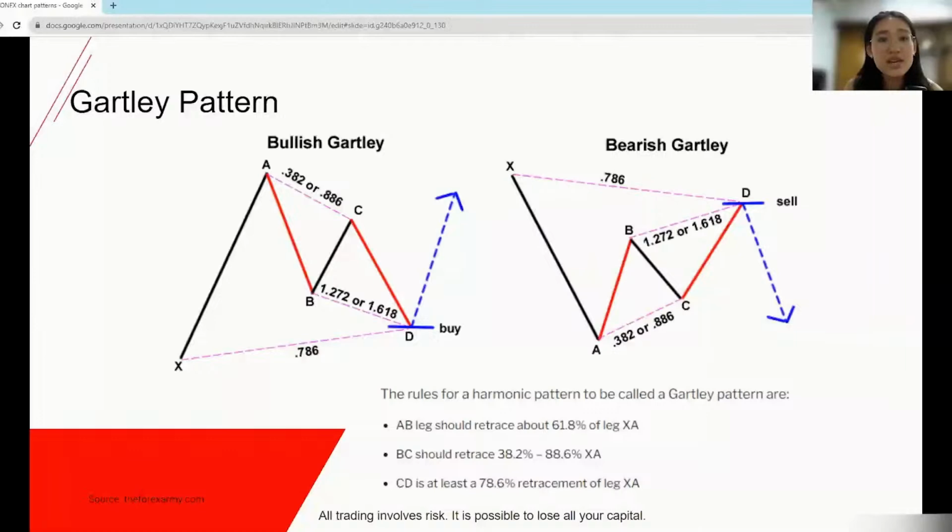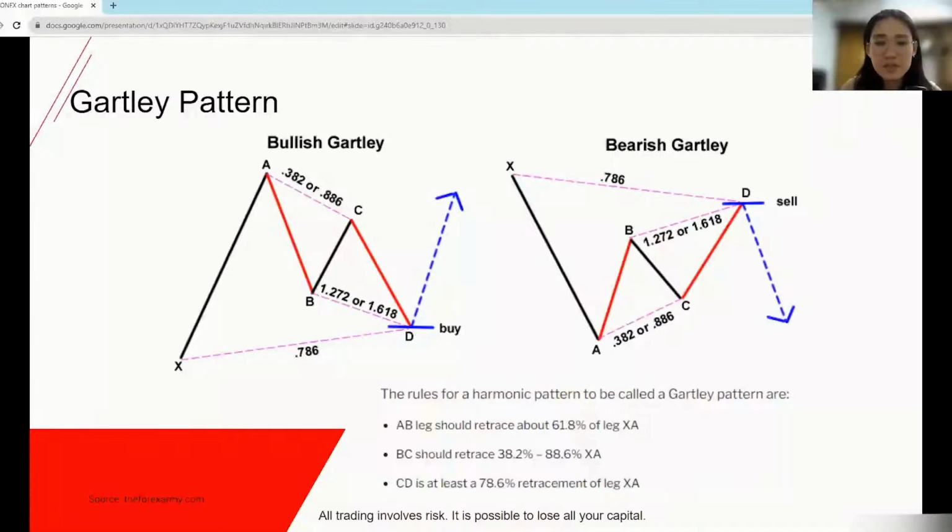Point C falls anywhere between the 38.2 and 88.6 retracement of the corrective leg AB, including all harmonic trading ratios that fall between these two constraints. It can be 50, 61.8, 70.7, 70.6, basically any Fibonacci level between these two numbers.